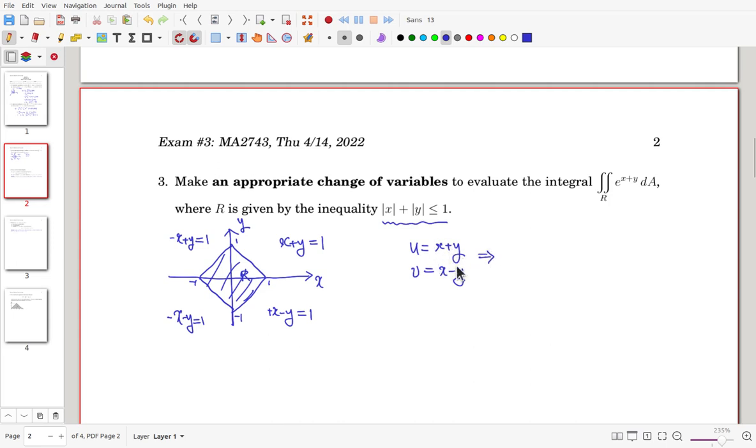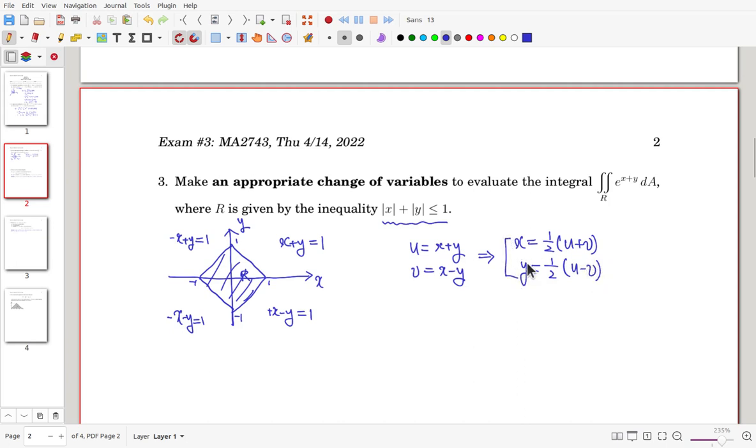Then x and y can be expressed as functions of u and v in this way. Just adding these two, we have u plus v is 2x. So we have x equals half of u plus v, and y, after subtraction, 2y is u minus v, so y is half of u minus v, right?